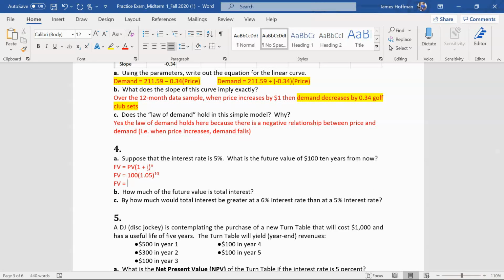All right, this will give us, I'll put this in the calculator. All right, so about 162.89, and I'll just simplify it to 163.